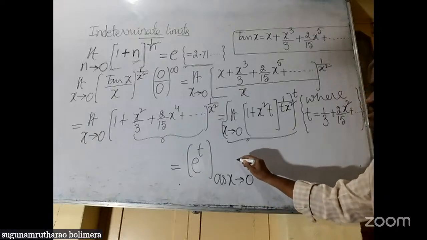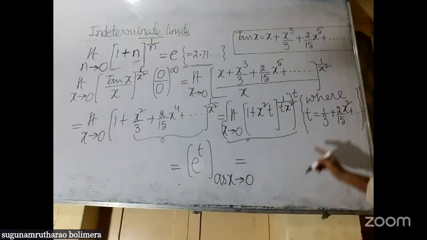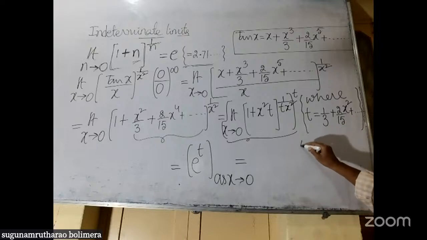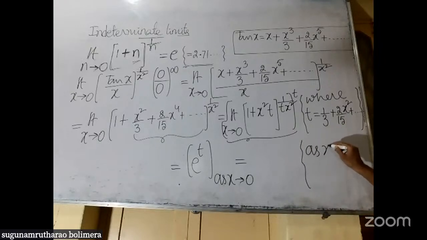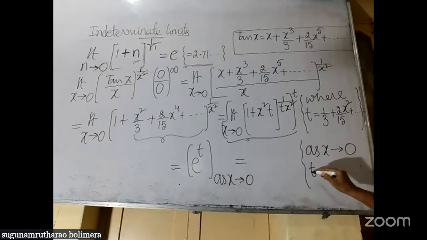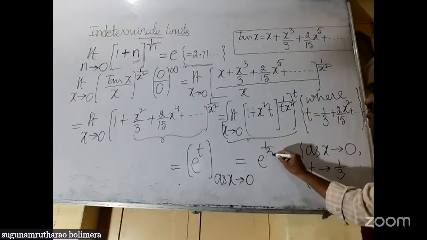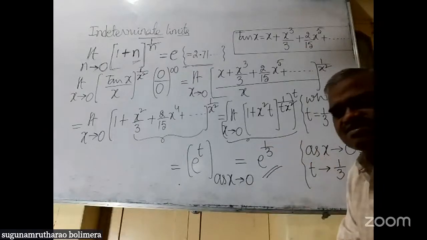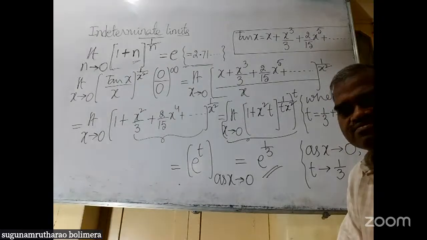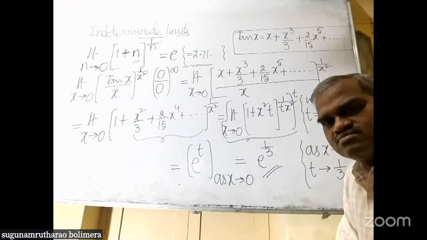So this is equal to, as x tends to 0, t tends to 1 by 2. So this is nothing but power 1 by 2. This is the answer. T tends to 1 by 3.